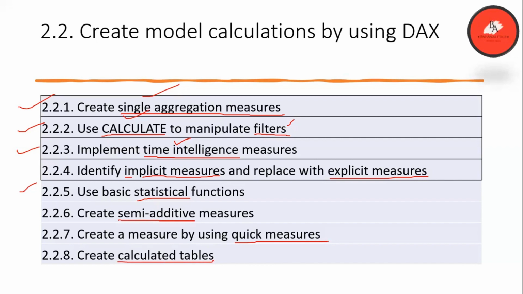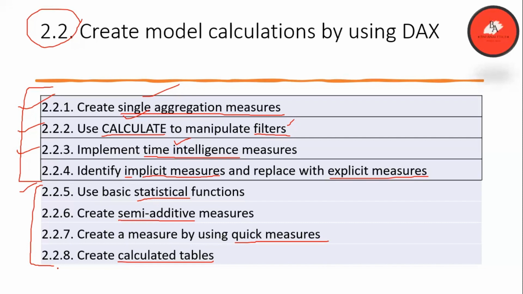I divided this module, 2.2, into two parts. One is up to the fourth point, where you will identify implicit measures and replace them with explicit measures. In the second session, we will take the remaining ones.